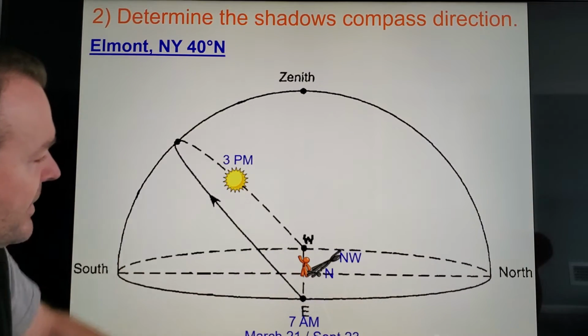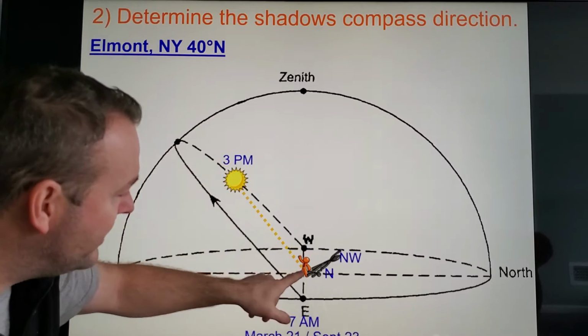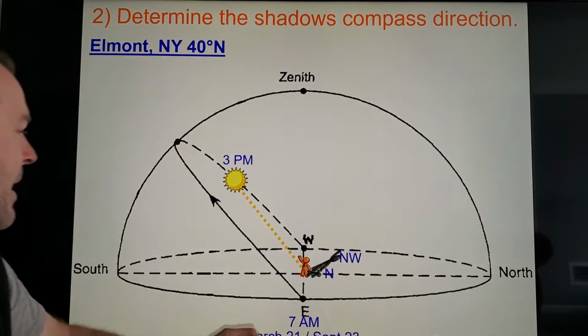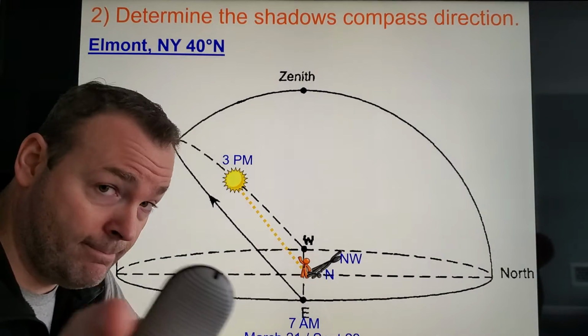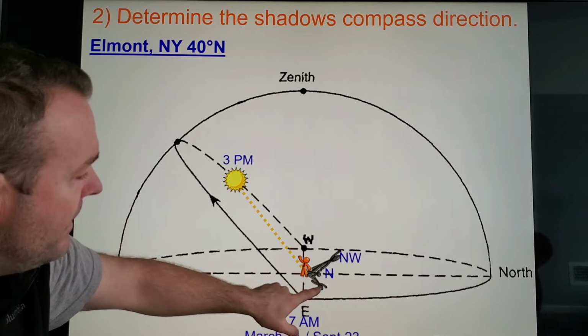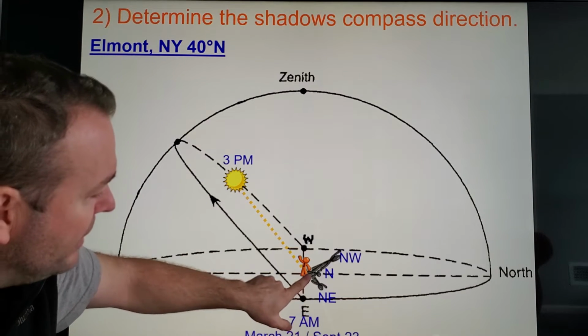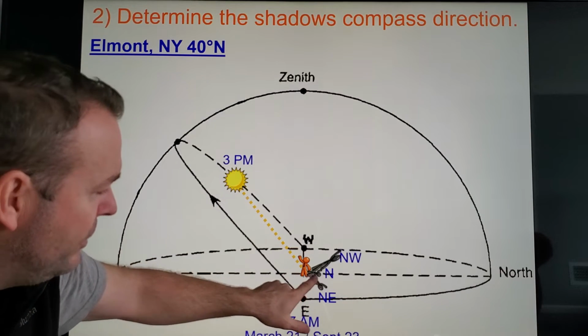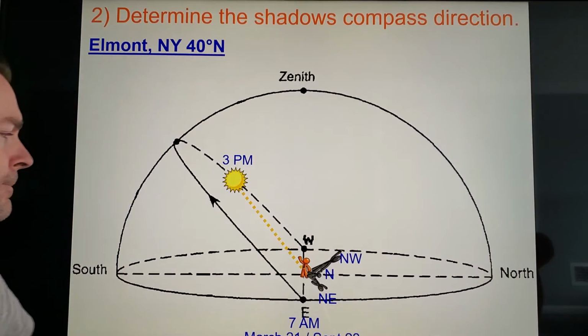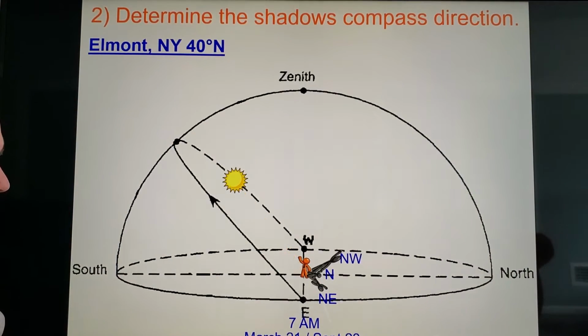Well, if the light is in the southwest, when it goes down and hits the person, the shadow is going to go the opposite way. So what's opposite of southwest? Hopefully you said northeast. Okay? And there it is, the northeast shadow. You can see it's a little bit longer than his noontime shadow because the sun is getting lower. Okay? Hopefully that makes sense to you.